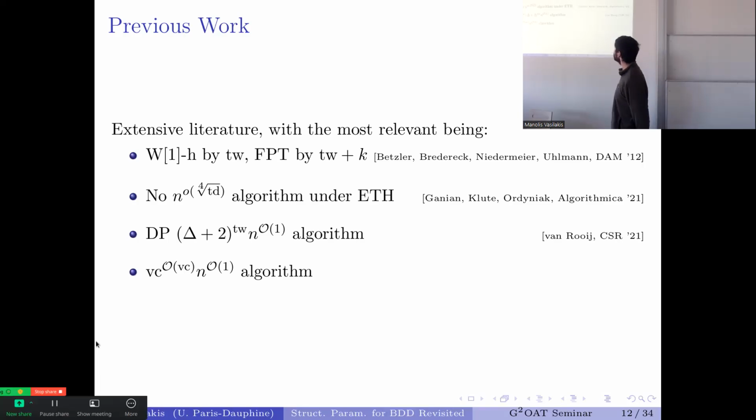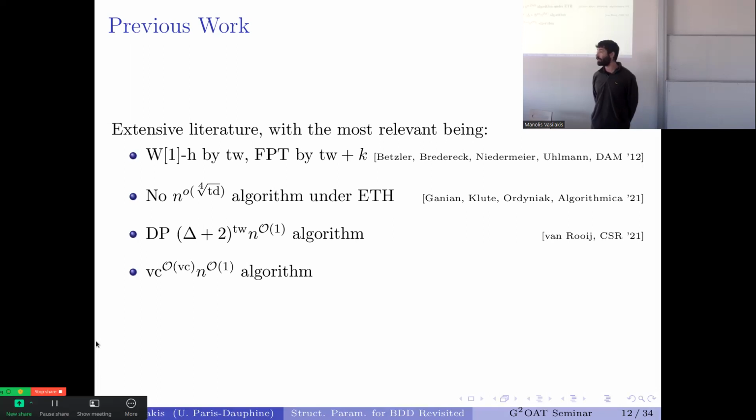And then there is this general subset convolution technique that can be used to obtain a DP algorithm of running time (delta plus 2) to the tree width. In the end, you can also obtain a vertex cover to the big O vertex cover algorithm, where again you use a win-win argument.